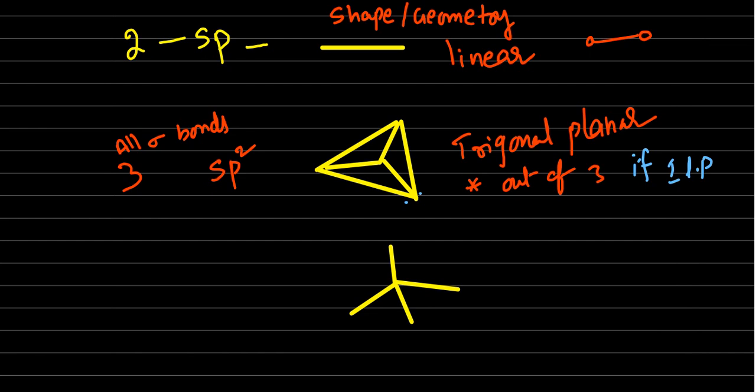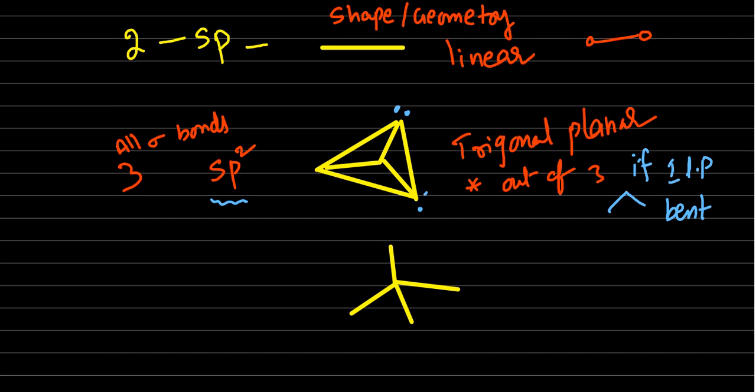Suppose I am keeping the lone pair here. In that case, the geometry looks like this, so this is the bent structure. Now if two lone pairs are there, the remaining structure is just linear. But there is no change in the hybridization. The geometry is changing if a lone pair is there.